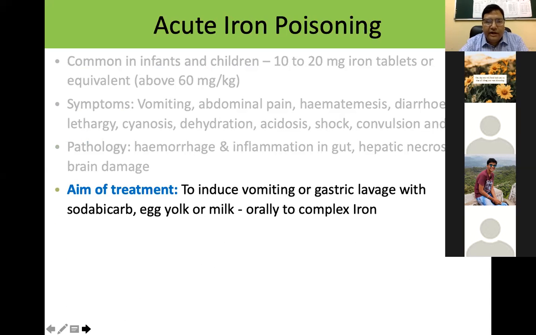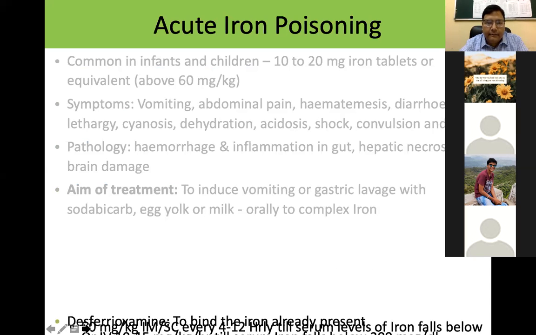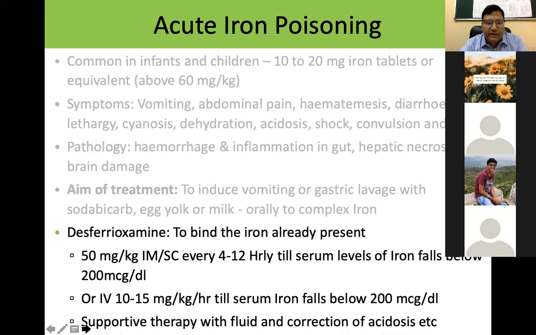The aim of treatment for acute iron poisoning is first to remove the excess iron present in the body by inducing vomiting or gastric lavage with soda bicarb and egg yolk or milk. They are given orally to form complexes with iron. Then we have desferrioxamine, the chelating agent, which will help by binding to the iron already present inside the body.